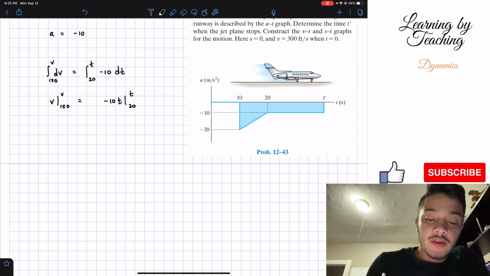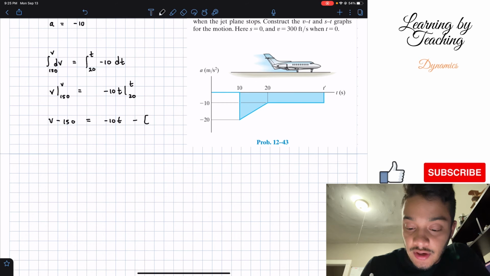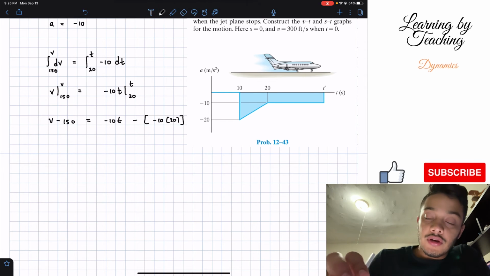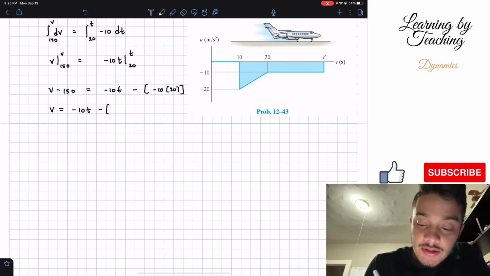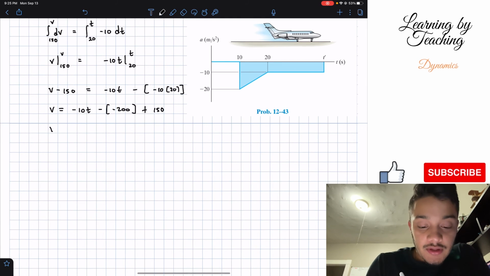t. Okay, if we solve on our left, we have v minus 150 has to be equal to -10t minus, and I'm going to open a parenthesis, -10 multiplied by 20. Okay, so now that we know this, we're going to solve for our velocity, and we're going to have -10t minus, and then in parentheses we got -200, and then we're gonna have plus 150 coming from the other side.